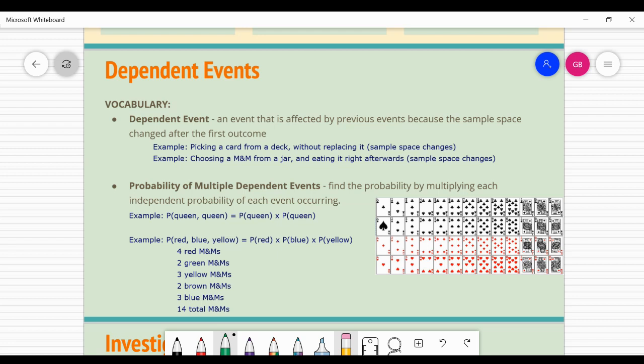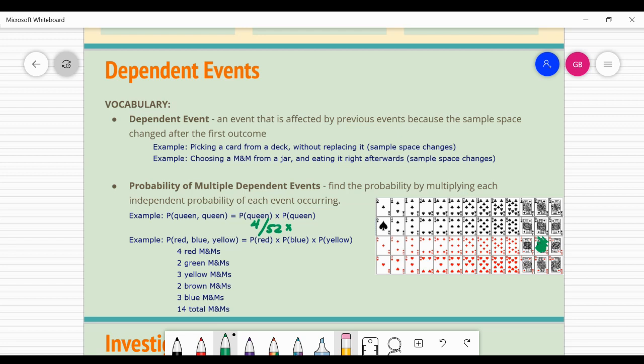So let's look at these examples here. Find the probability by multiplying the probability of each event occurring. So the probability of picking a queen, not replacing it, and then picking another queen. So here there's 4 queens in a deck. So when you pick the first queen, it's 4 out of 52. Okay. So let's say you pick this queen and you do not replace it.